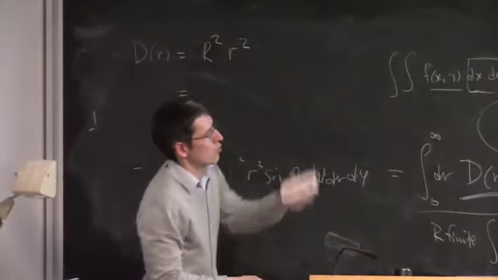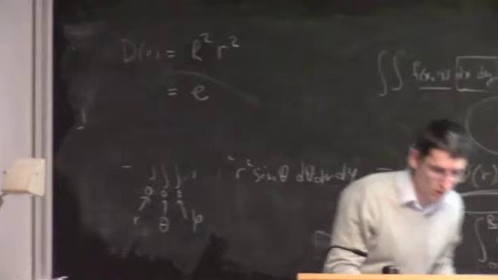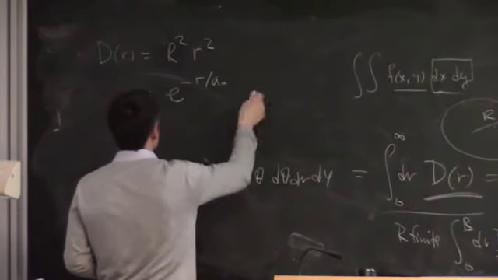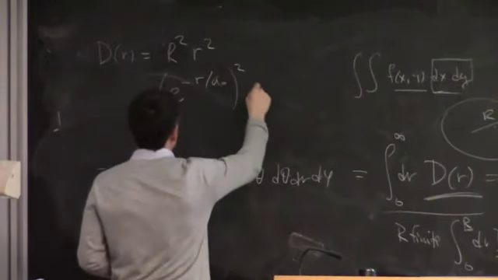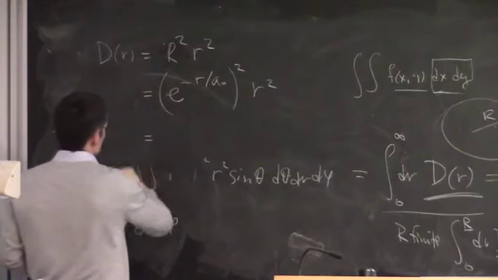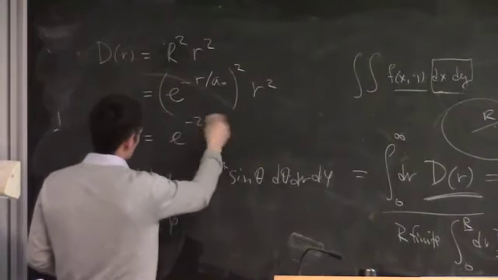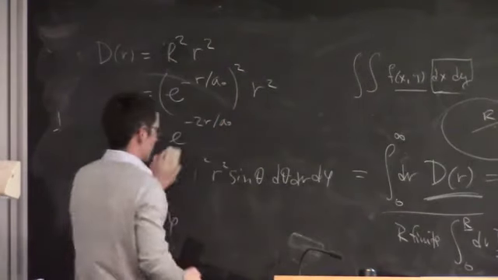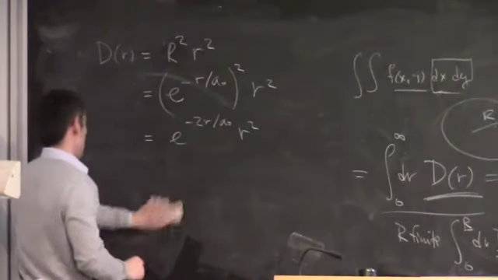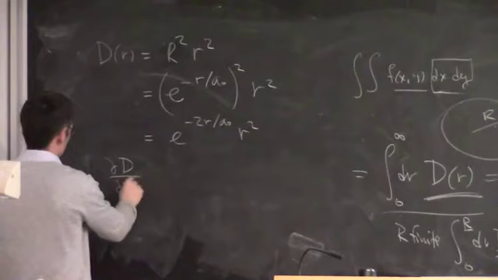And so the radial part is the exponent of minus r divided by a0, squared, times r squared. That means the exponent squared, of minus r over a0, times r squared. Then we differentiate.